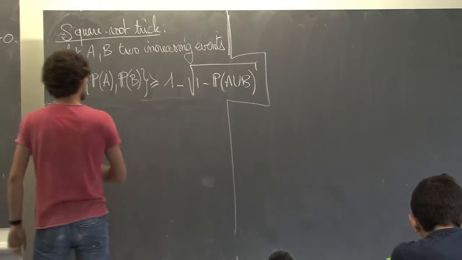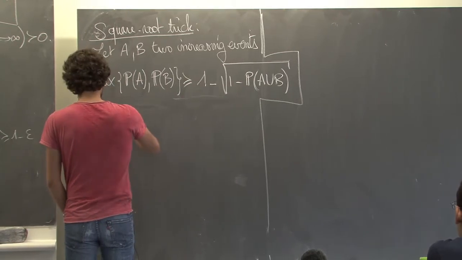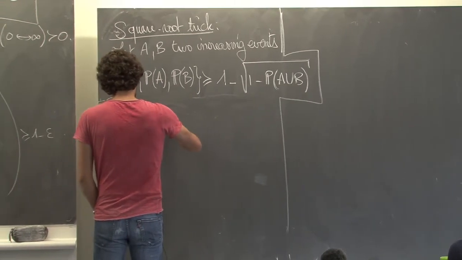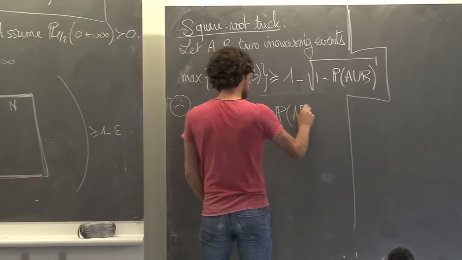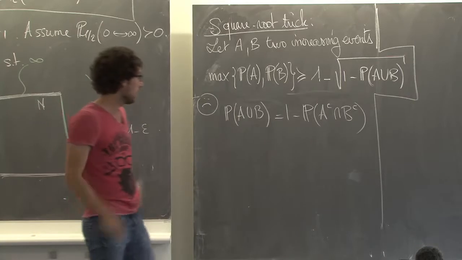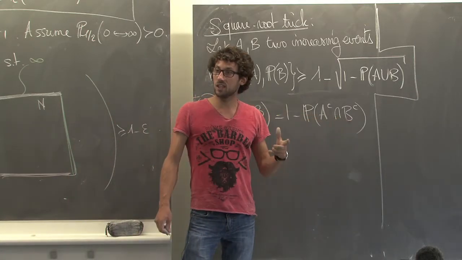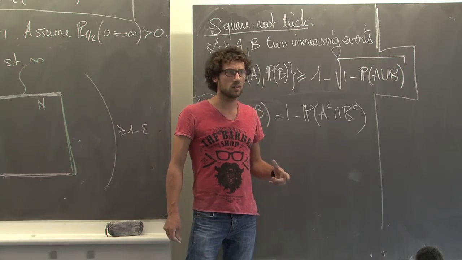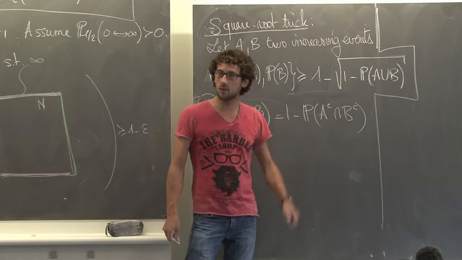is simple. So you are going to say, okay, the probability of A union B is 1 minus the probability of A complement intersected with B complement. Here it's 2 decreasing events. If you have the FKG inequality for increasing events, you can deduce it very easily for decreasing events.